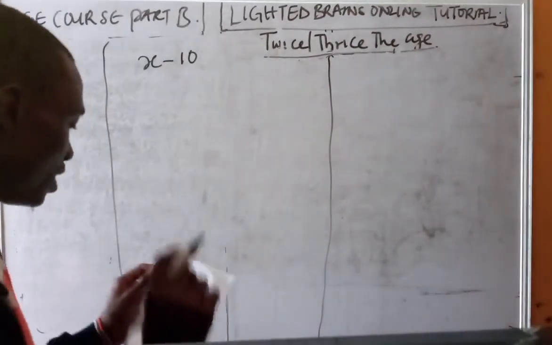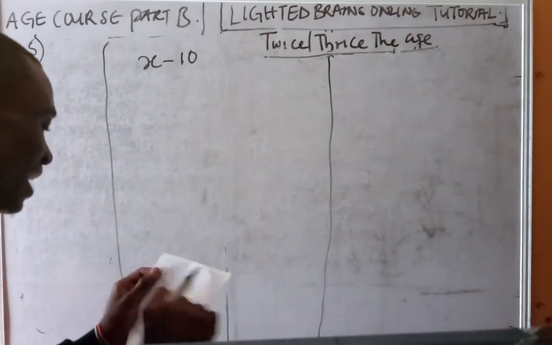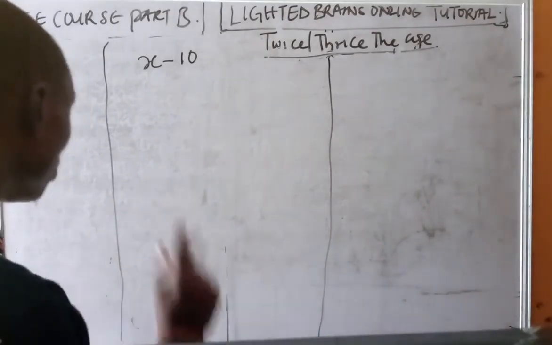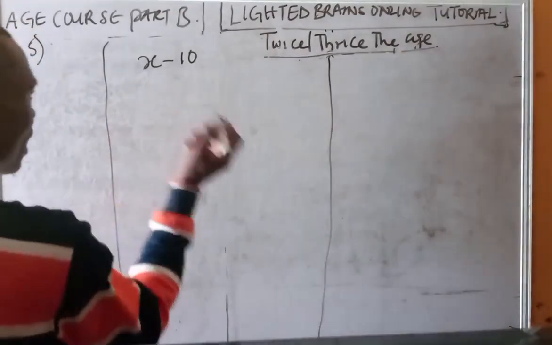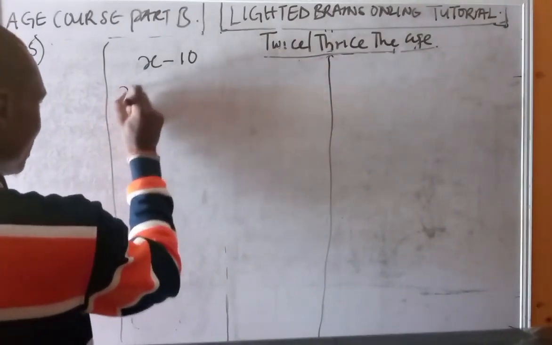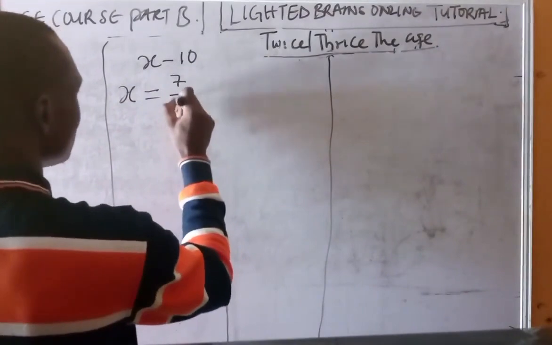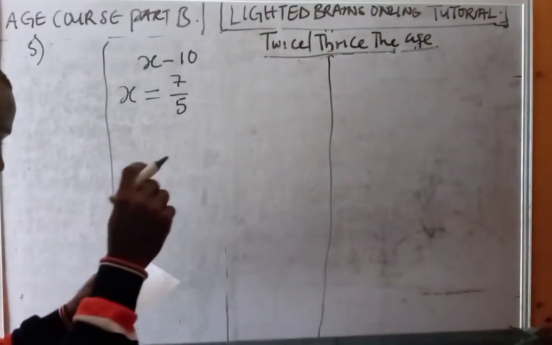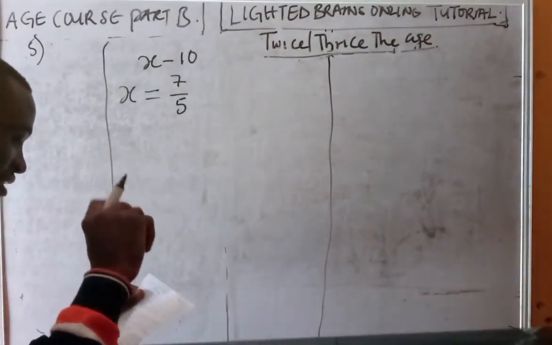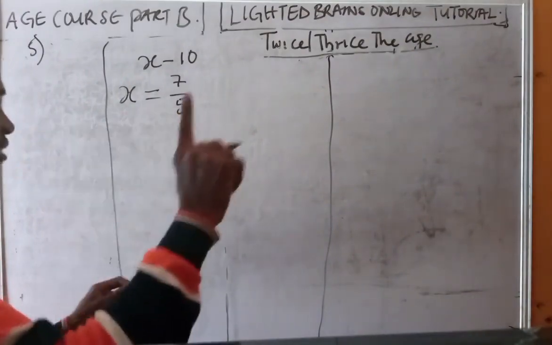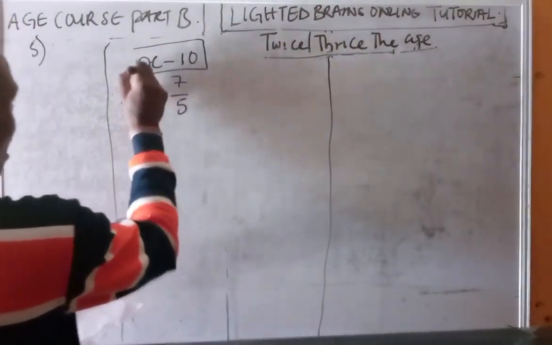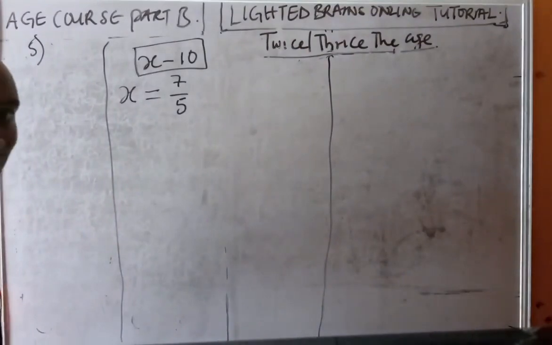They now say that today our age is 7/5 times. Today our age, we don't know our age, right? We take it as unknown, which is X, is 7/5 times our age at the time of our marriage. Our age at the time of our marriage is X minus 10.